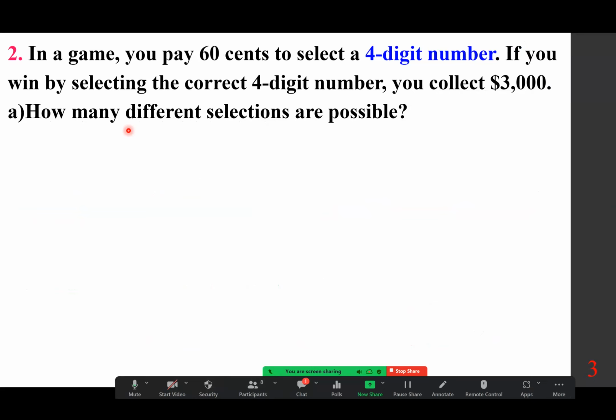In a game, you pay 60 cents to select a 4-digit number. If you win by selecting the correct 4-digit number, you collect $3,000. How many different selections are possible?